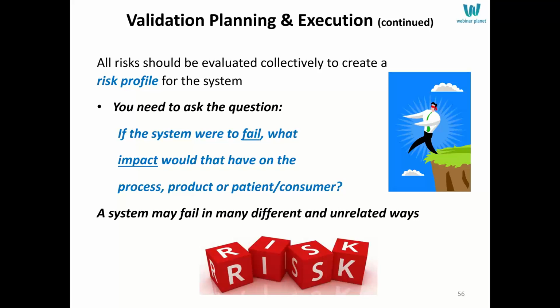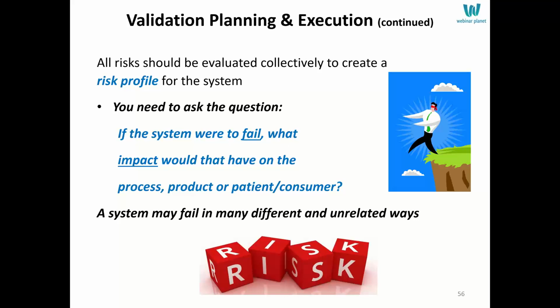The second one is a software glitch that's really very low level, more cosmetic. The third is a software glitch that's more serious, where, say, your system is recording results incorrectly, or saying something's in spec when it's out of spec, and you could make a bad decision about releasing product.